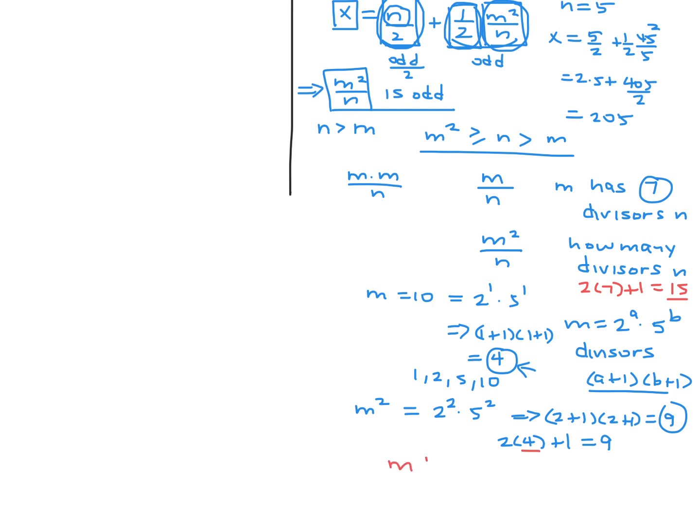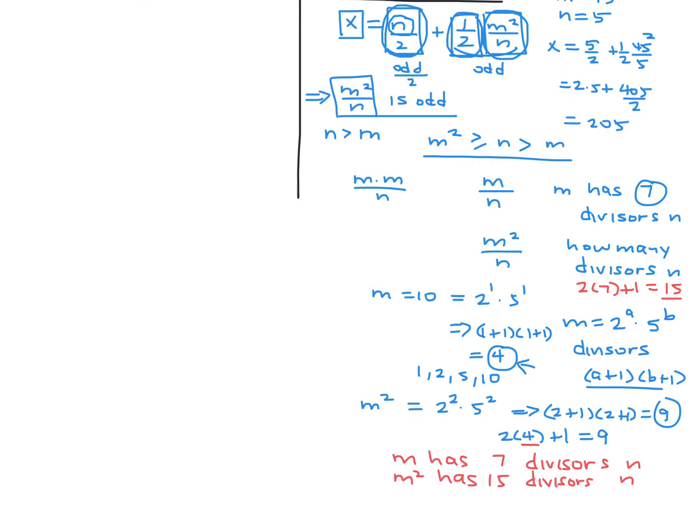If m has 7 divisors of the form n, m squared has 15 divisors of the form n. Okay. All right, I want to keep this in the same screen, so let me just bring all this up here now.